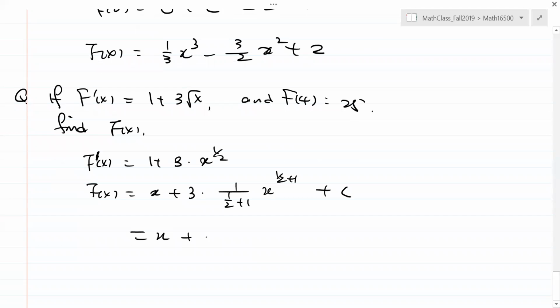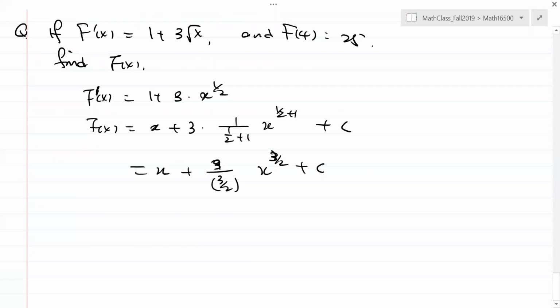So this is a general formula. It's going to be 3 over 2. So the answer will be x plus 2x to the 3 over 2 plus a constant.